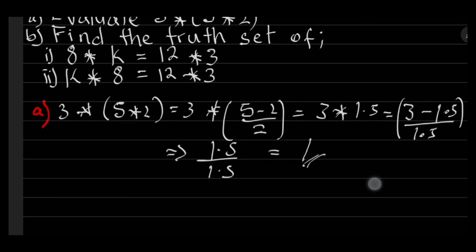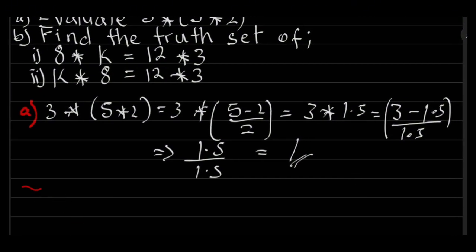So all we have to do is express that. 8 star k is expressed as 8 minus k all over k, and that will be equal to 12 minus 3 all over 3.